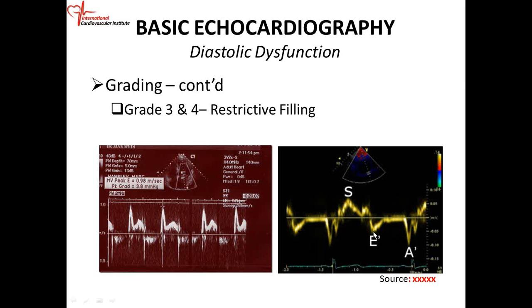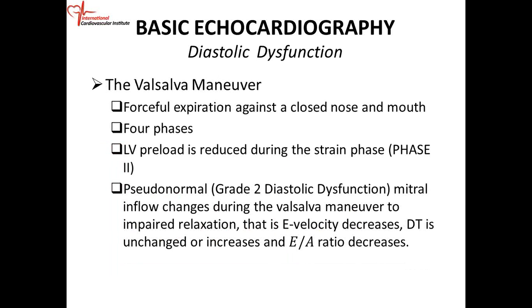But your E prime has to be less than 8 centimeters per second. You cannot have diastolic dysfunction unless your E prime is less than 8 centimeters per second. And when you do your E to E prime ratio, it's usually greater than 15, suggesting elevated filling pressures. All right.